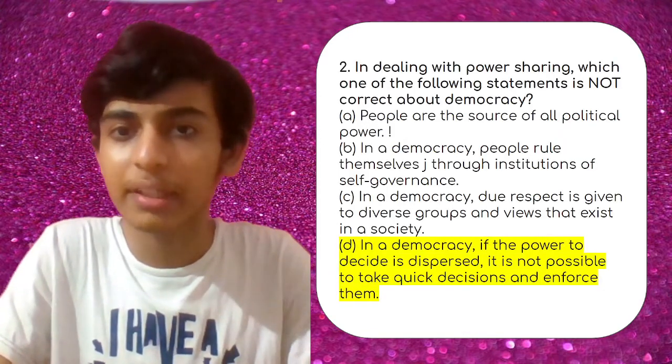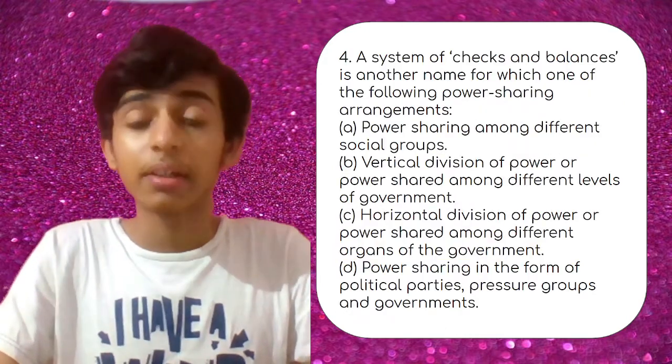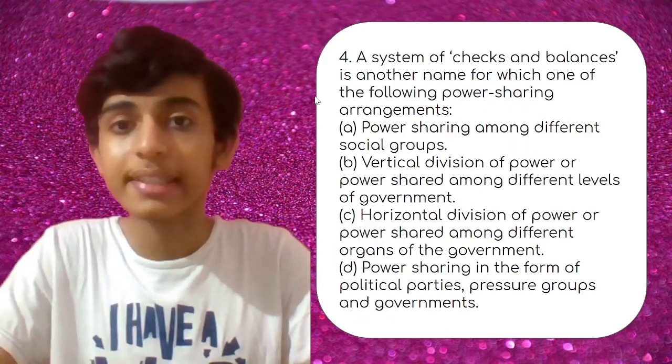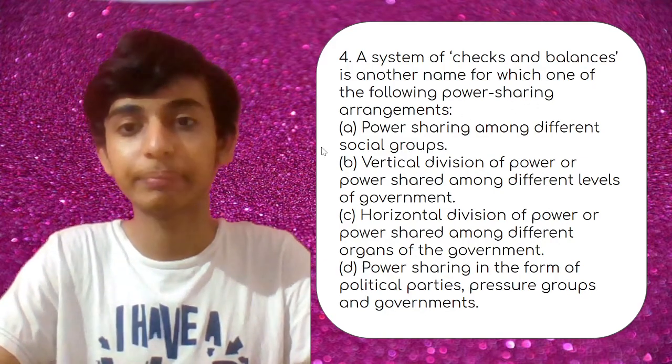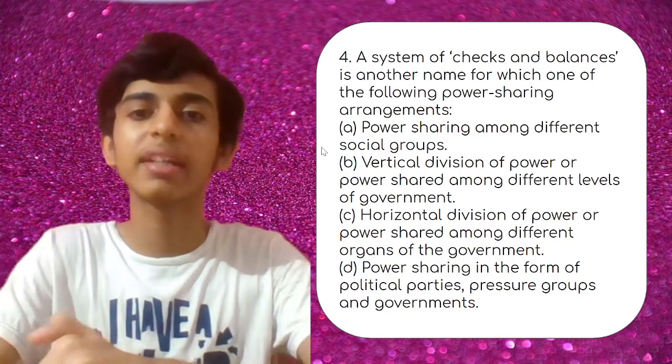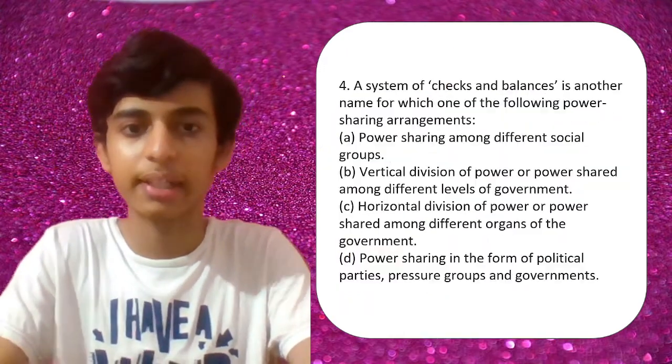Previous questions also we have gone through it, right? Fourth question, a system of checks and balances is another name for which one of the following power sharing arrangements? The options are in front of you. I think I should go to the PowerPoint so that I can at least write.